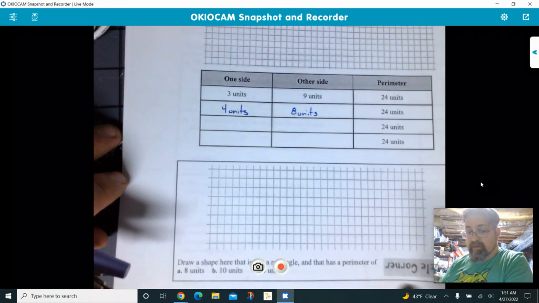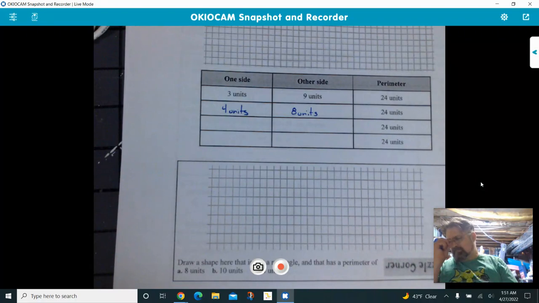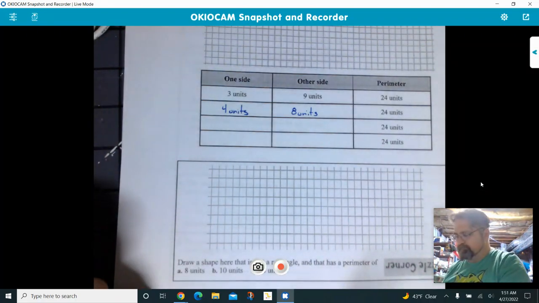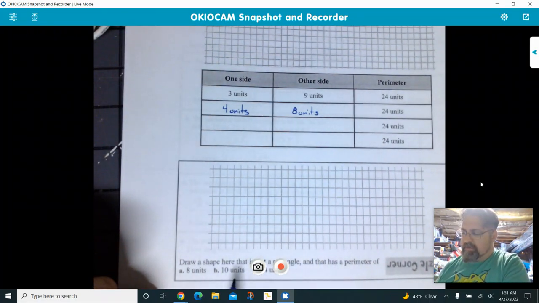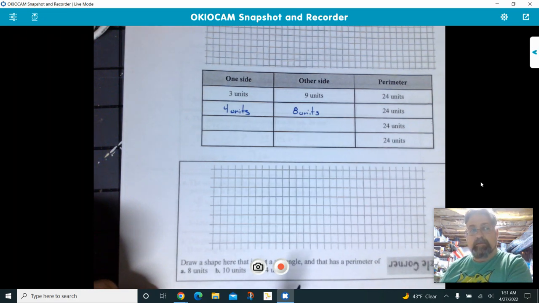Now, for this right here at the bottom, that might be a little bit tricky. It says draw a shape here that is not a rectangle, and it has a perimeter of 8 units, 10 units, and 14 units.